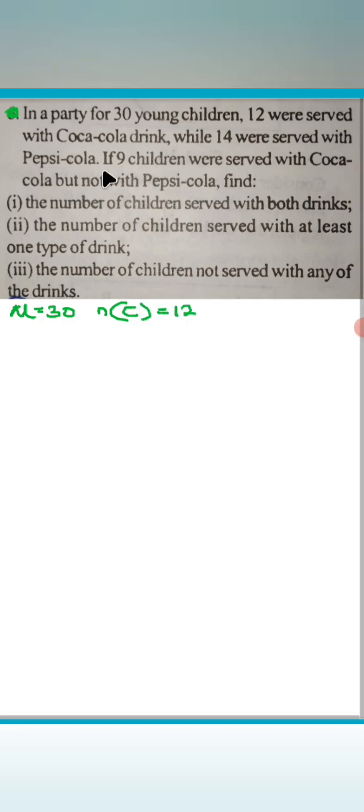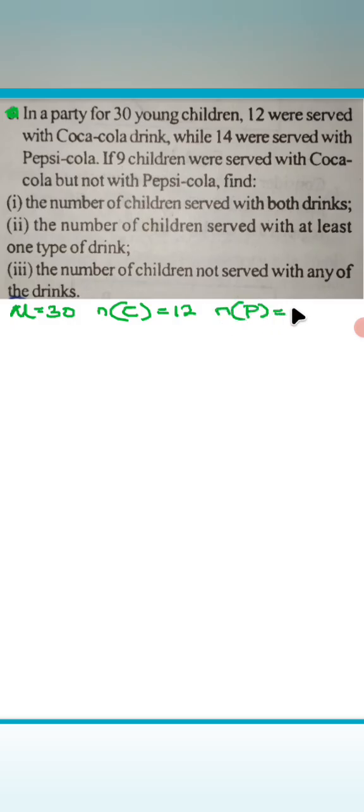And 14 were served with Pepsi Cola. I'm just going to take Pepsi Cola to be P, and this is 14. And 9 children were served with Coca-Cola but not with Pepsi Cola, which means the number of those served with Coca-Cola only is 9.